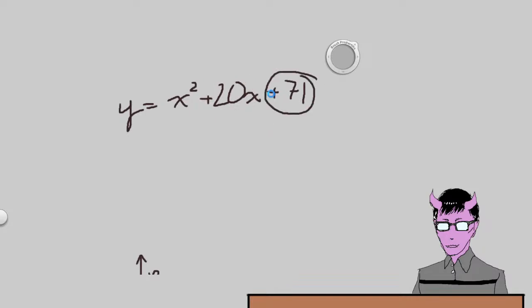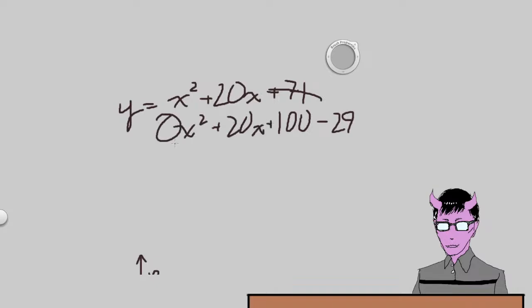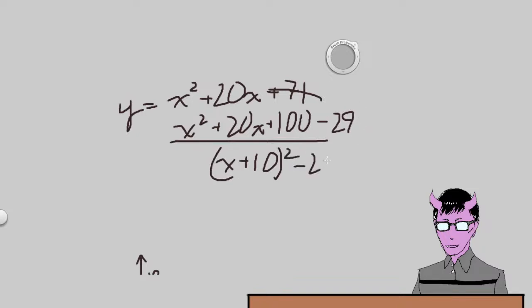This is not 100, but you can force this to be 100. But you're changing the problem, so you have to subtract it back to make it into 71. So minus 29. When you do that, there aren't any multiplication shenanigans with coefficients in the front, so this one is easily factorizable. And you just have a minus 29 out there. Alright, very simple.